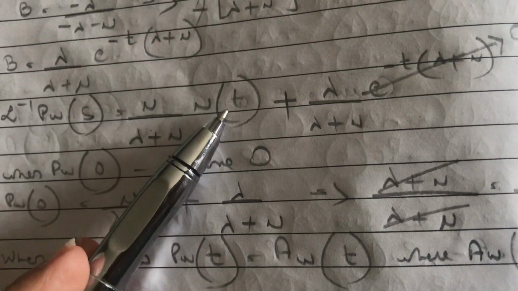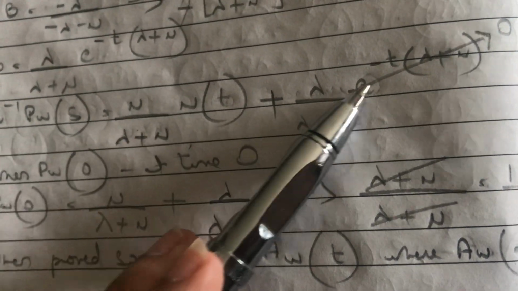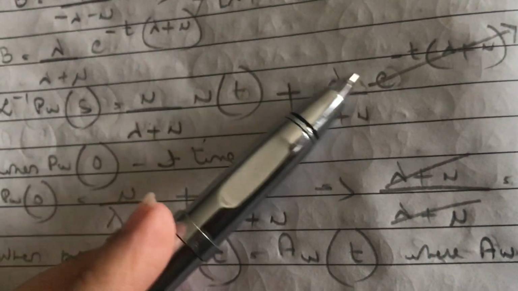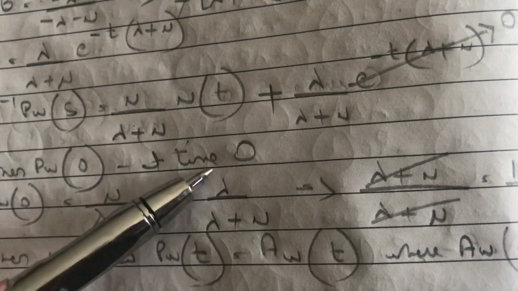See, at time 0 e to the 0 is 1, so this is 1 here, and this thing multiplies by 1, it comes here. So at time 0 we have this thing, and we solved both the things and we got 1. Proved.